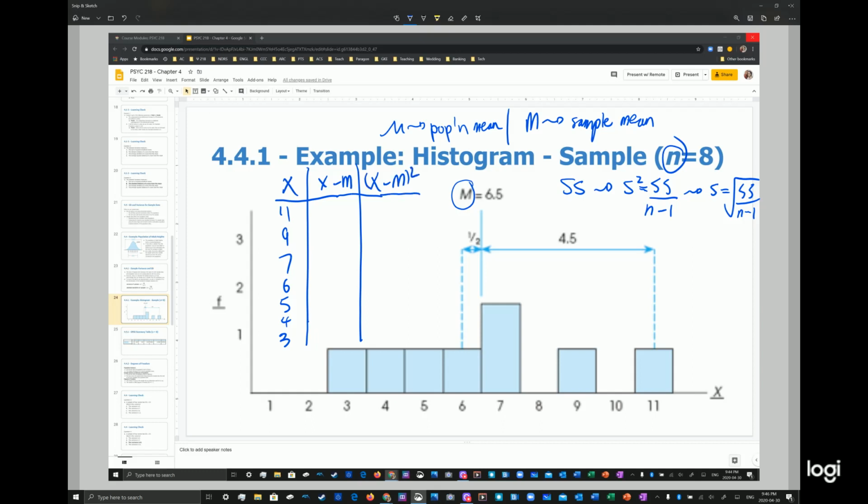So we can do this: 11 minus 6.5, and minus 6.5, and so on all the way down, and then squaring these values, and then you'd get down here a sum of squares, and then with which you'll use n minus 1 to get your sample variance, and then you square root the sample variance to get sample standard deviation.